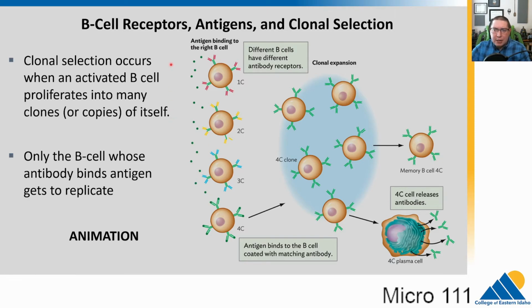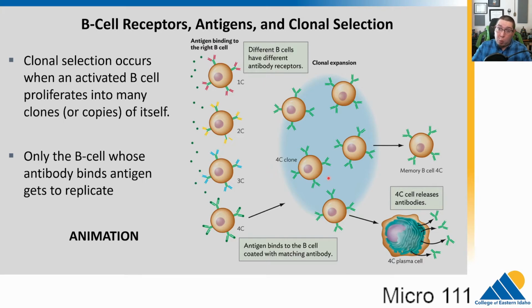They wait and hope that they will be chosen, I guess is the best way to put it. Along comes the green antigen. It binds to cell 4. Okay, cell 4 has now recognized its antigen. It goes through a process called clonal expansion. It starts dividing. It makes copies of itself. It says, hey, I recognize my antigen.